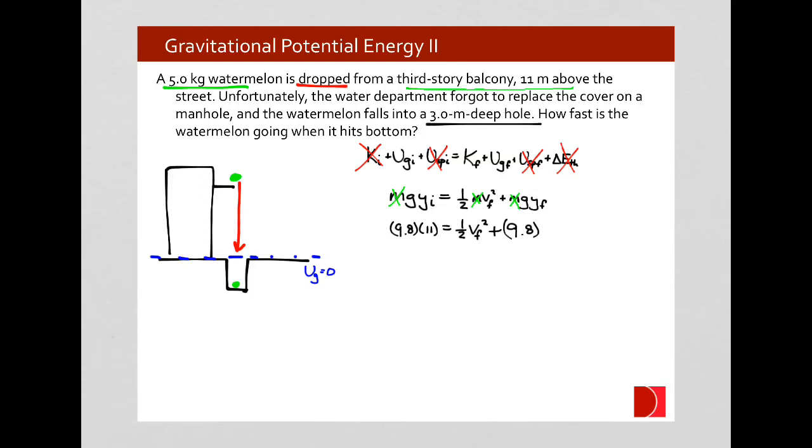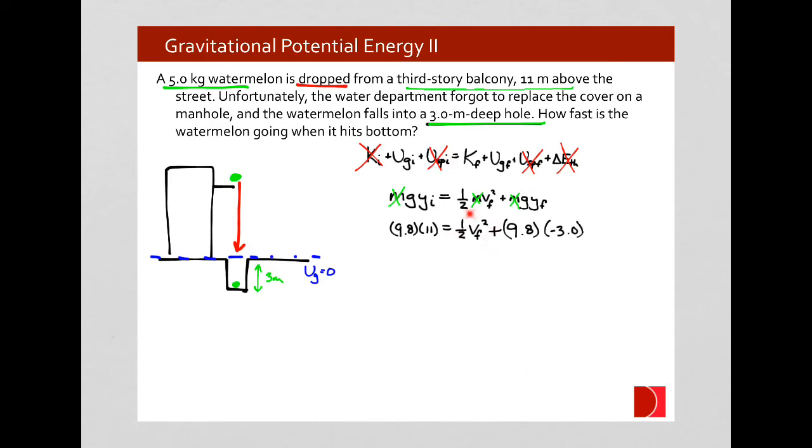We're 3 meters under the street. And so in that situation, that 3 meters deep is below our reference for gravitational potential, and thus has to show up in our equation as a negative amount.